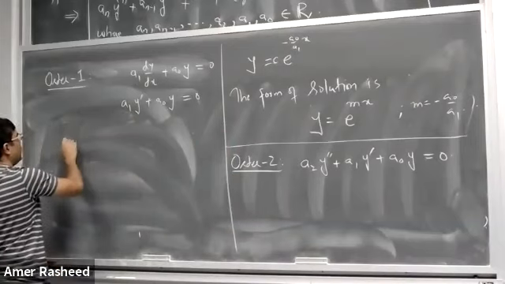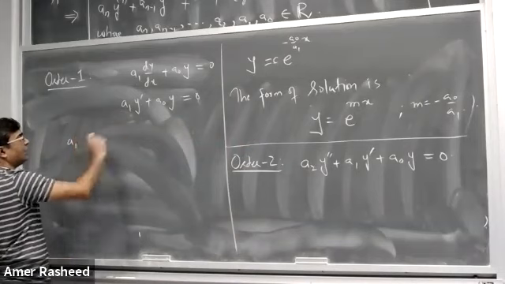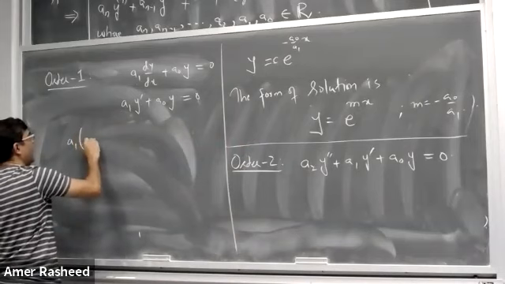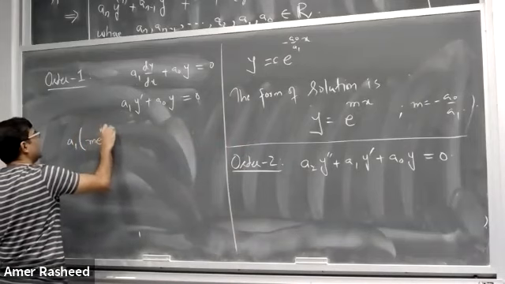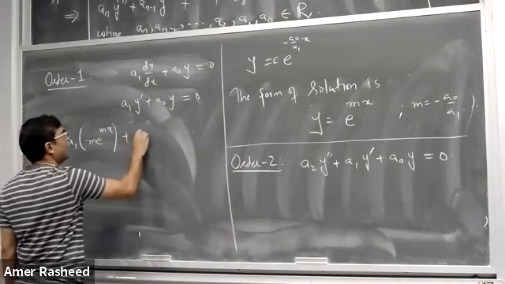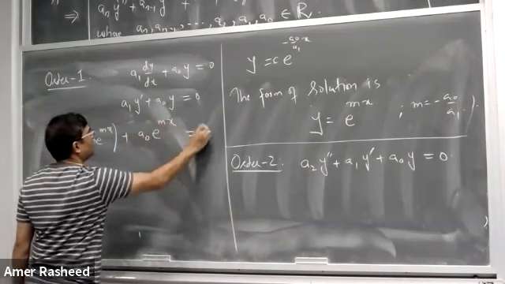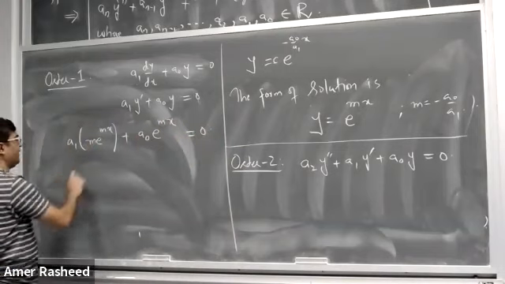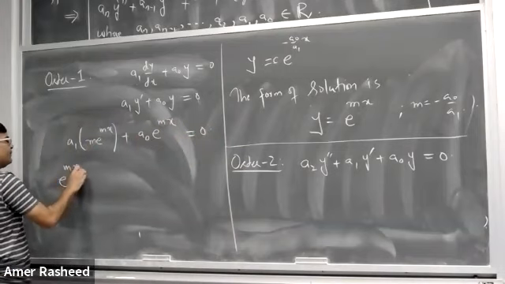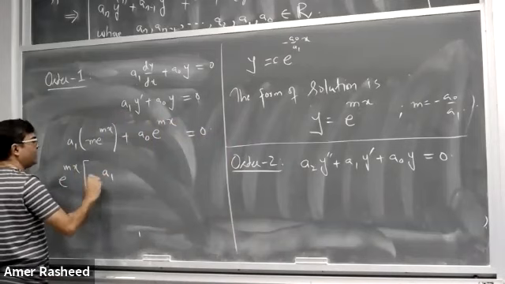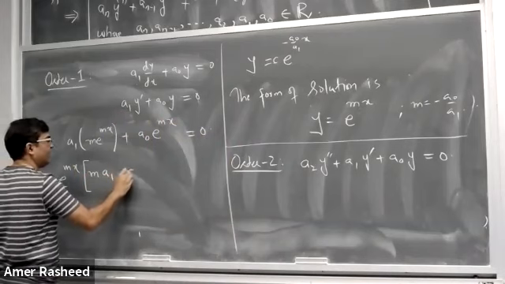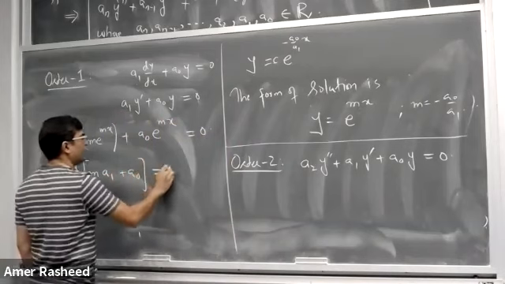Now put it here, what do you get? a1 times the derivative of this, which is m e raised power mx, plus a naught e raised power mx equal to 0. You can take e raised power mx common, and you get a1 m plus a naught equal to 0.